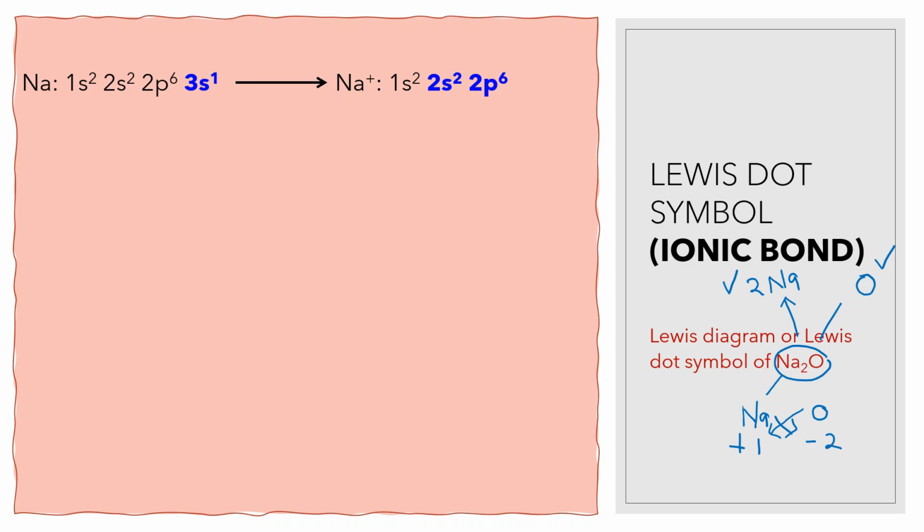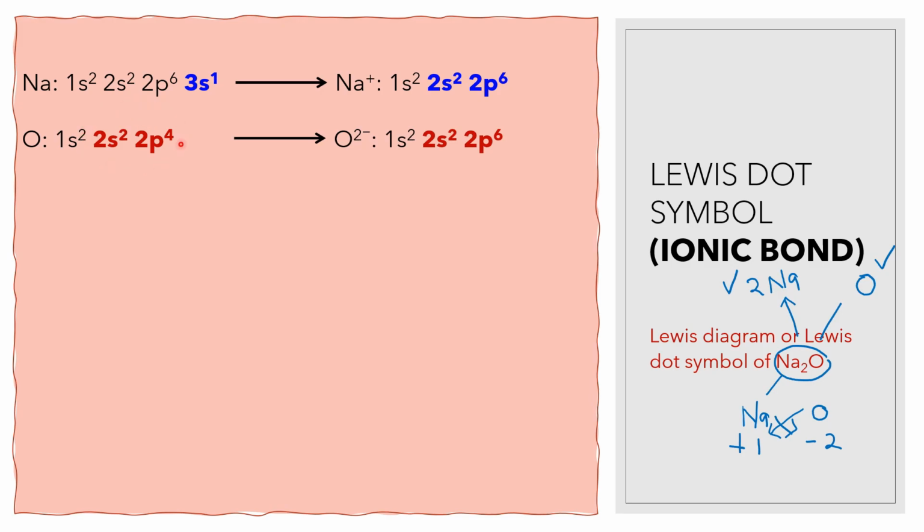Again, sodium is in group 1, so this will be the valence electron of sodium. Then sodium will lose 1 electron to form the new cation Na+ with this octet configuration. And oxygen has 6 valence electrons.